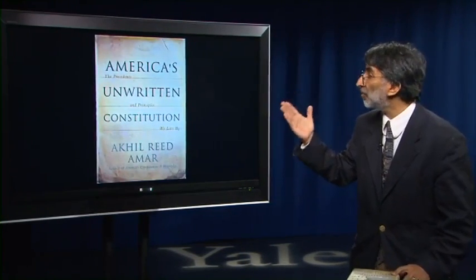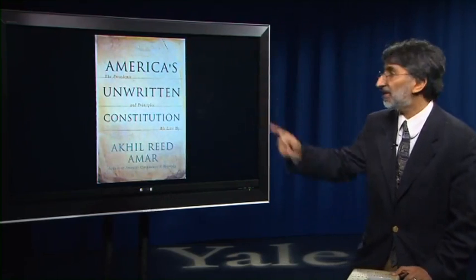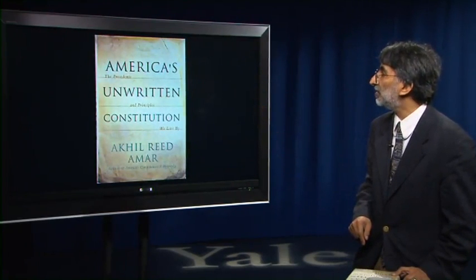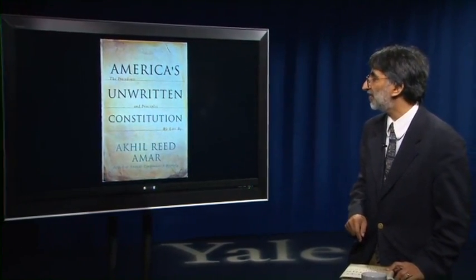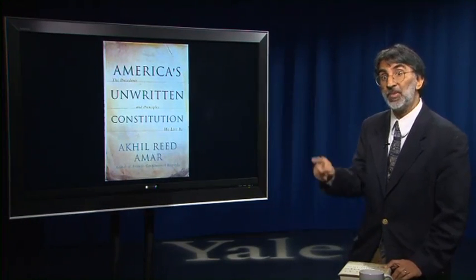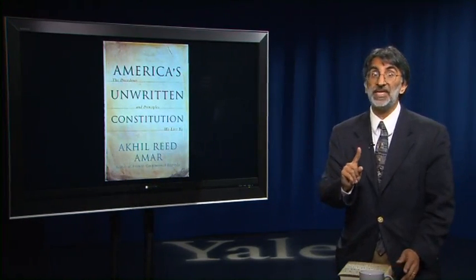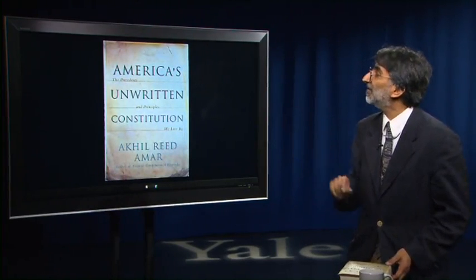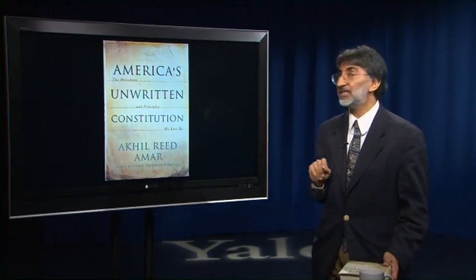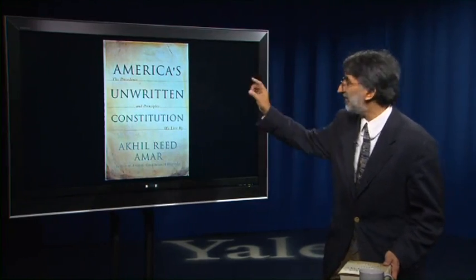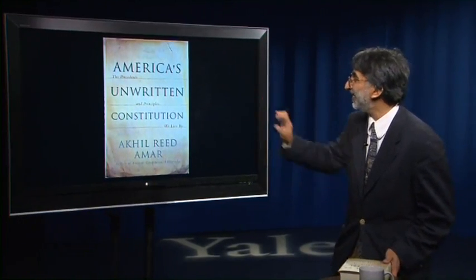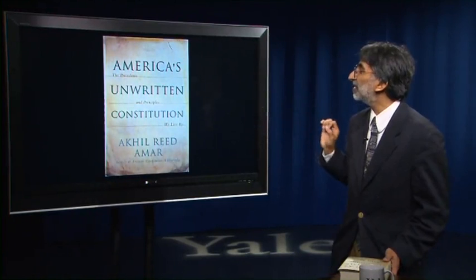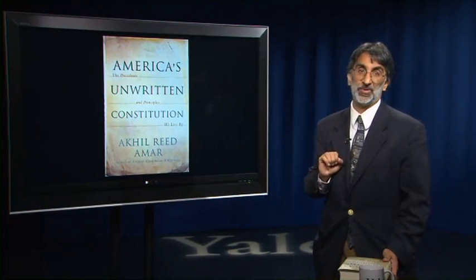You would read it the wrong way if you just read it top to bottom, left to right. You would read America's the precedents, unwritten, and principles, Constitution we live by. But once you understand that one of the many tools and techniques is to read between the lines, you will see that this book is America's Unwritten Constitution. In effect, colon, even though the colon isn't written at all, America's Unwritten Constitution, colon, the precedents and principles we live by.